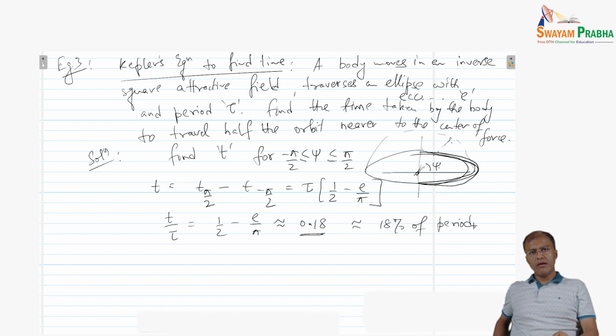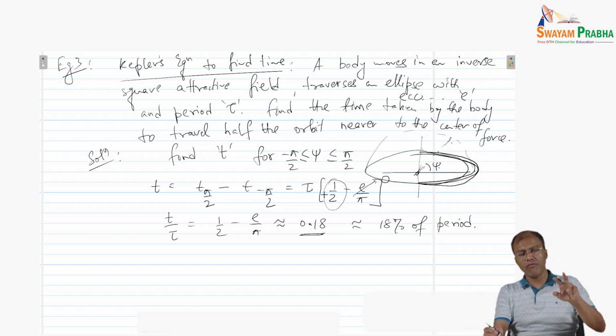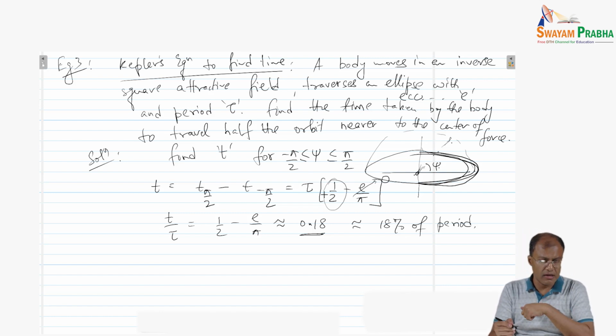If it had been a circle, we expected that e would have been 0. So for a circle, e would have been 0 and the time taken would have been exactly 50% for half the travel. For an ellipse, it is 18%. So the results are non-trivial here, right? So we just cannot assume that half the distance means half the time, especially when the orbits are elliptical.